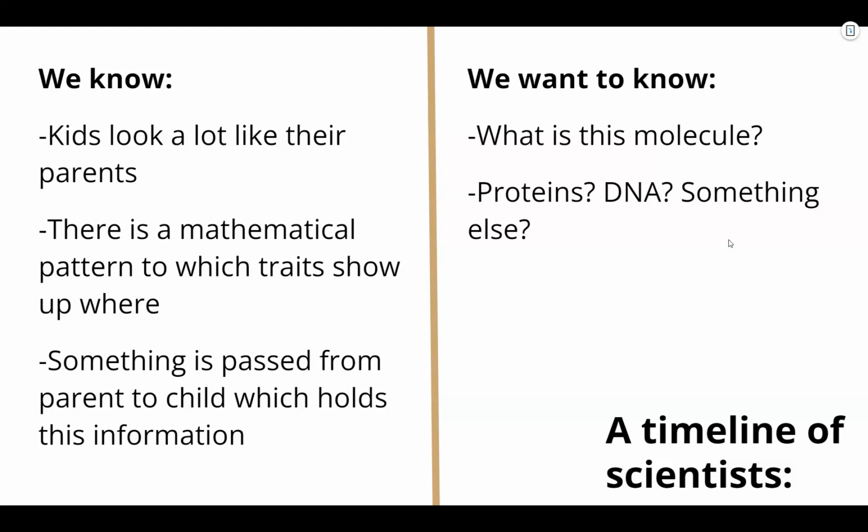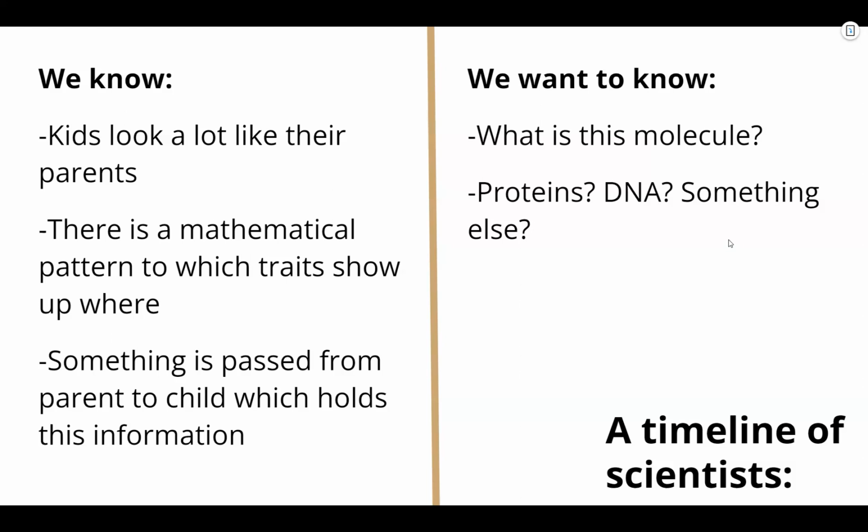Or most of the time, kind of. They share similar qualities with their biological parents. We also know that there is a mathematical pattern to which traits show up where. And when we talk about genetics next semester, we will be able to understand and use those patterns. But we know there's a pattern to figure out which traits show up where.